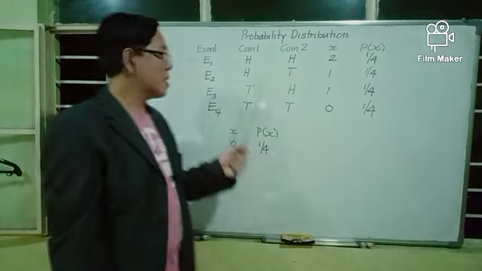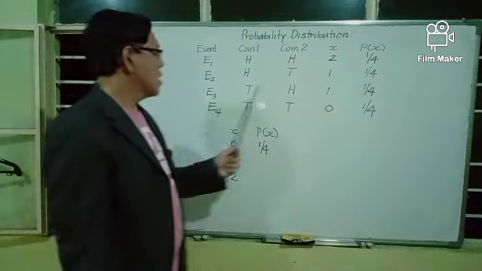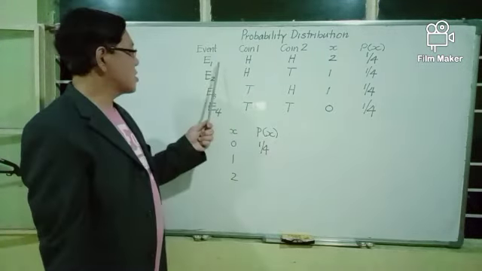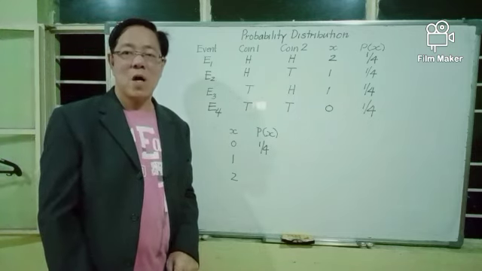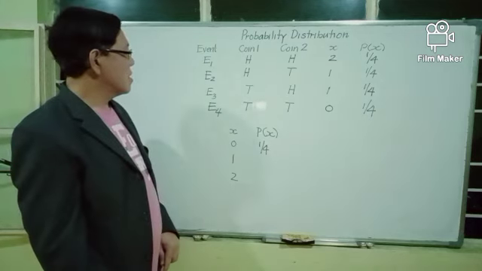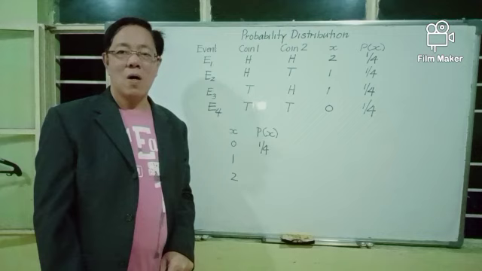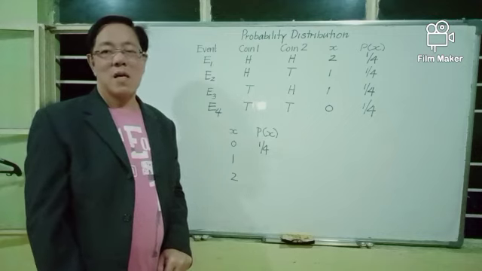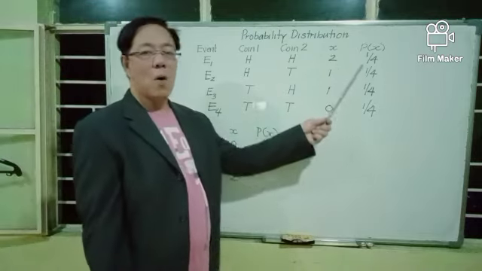Each event has a probability of 1 over 4, and that means that all the events have the same likelihood of occurrence.